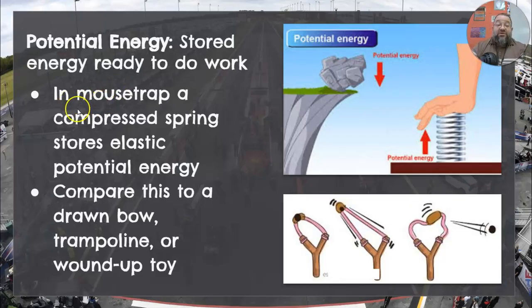In a mousetrap, the spring stores the elastic potential energy. It's elastic because it can move back and forth, right? You can also think of elastic energy as something like a bow being drawn back or a trampoline, when you start bouncing and it goes up and down and up and down.